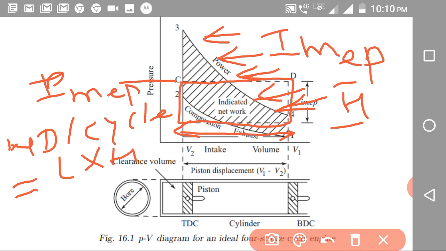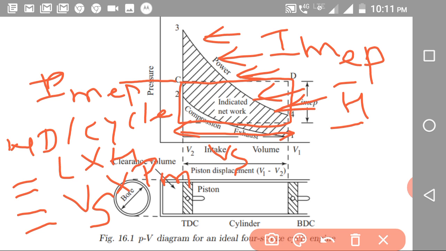The length is nothing but the swept volume, Vs, and the height of this area is nothing but the indicated mean effective pressure, which I have taken as Pm.